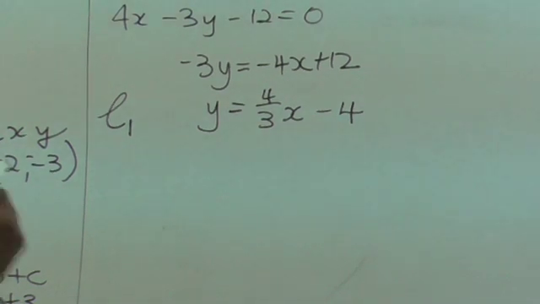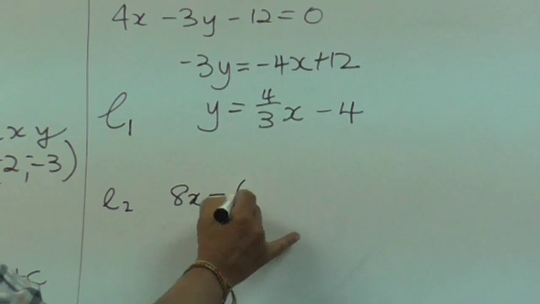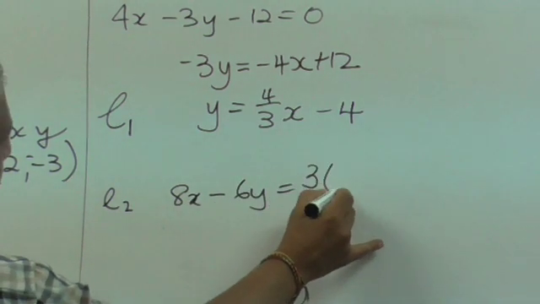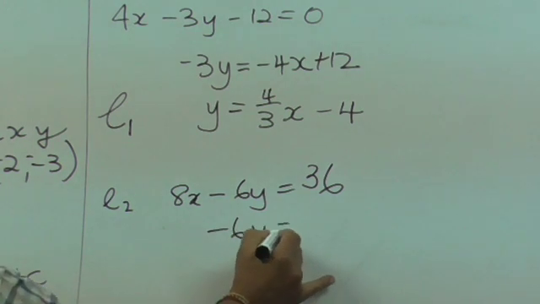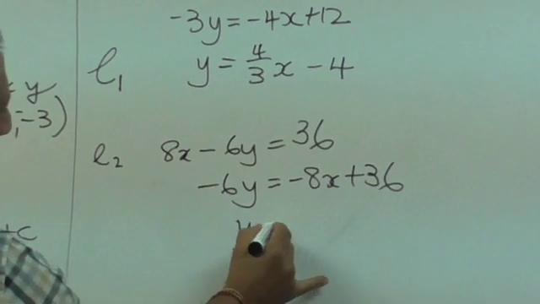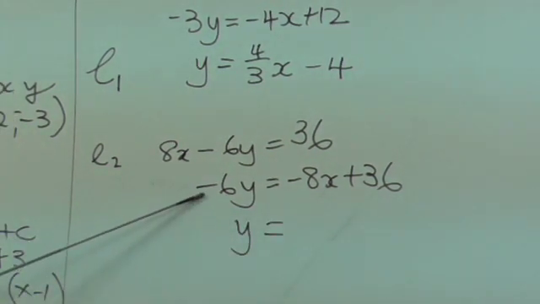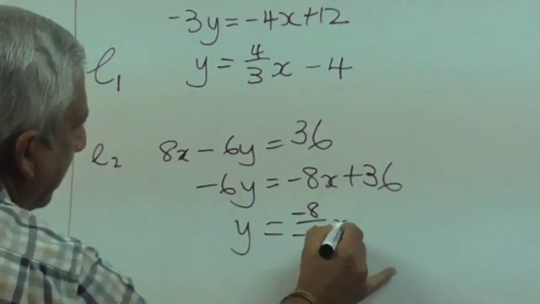Then let's do line 2. Let's take line 2. 8x minus 6y is equal to 36. We're going to bring this to standard form. Minus 6y is equal to minus 8x plus 36. Y is equal to, I'm going to divide by negative 6 here. I'll just do this one step by step.